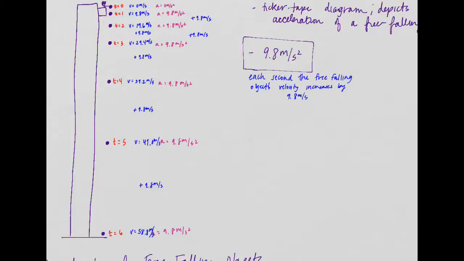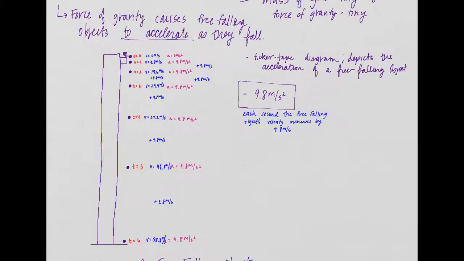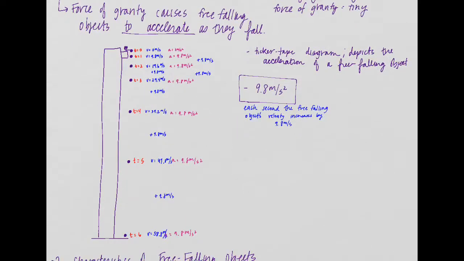So after 1 second, if it started at 0, now it's going 10 meters per second. After the next second, it's going 10 plus 10, which is 20 meters per second, right? So this is just the concept of acceleration, but we're applying it to the acceleration caused by gravity, all right?